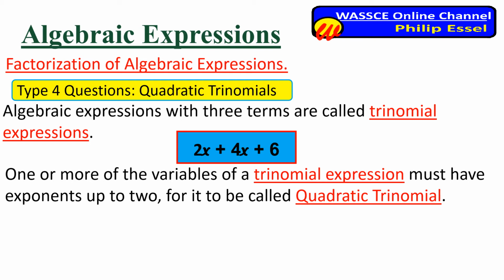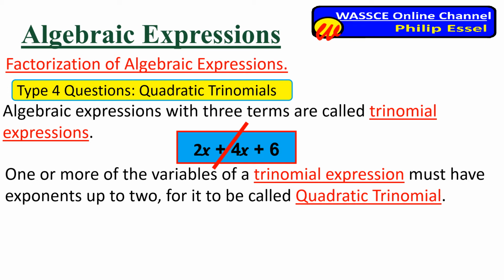What this means is that our trinomial expression above is not a quadratic trinomial. The reason being that none of the variables in that expression has the exponent of 2. So that expression above is not a quadratic trinomial.